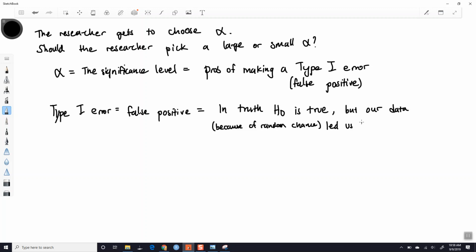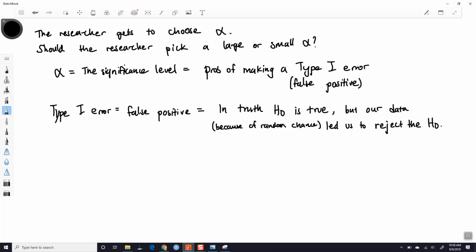So the null hypothesis is actually true, but when you went out and collected data, because of randomness, something happened and it led you to believe that the null hypothesis is wrong.